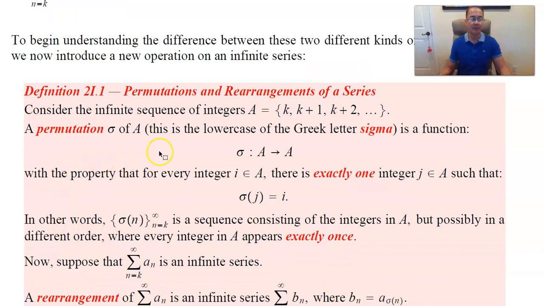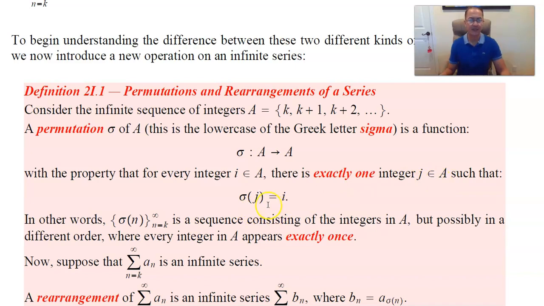It talks about a permutation. A permutation of a set A, and in this case, the set consists of the positive integers k, k plus 1, k plus 2, and so on, is a function sigma with domain A and also range A, with the property that for every integer i in A, there's exactly one integer j in A so that sigma of j is i.